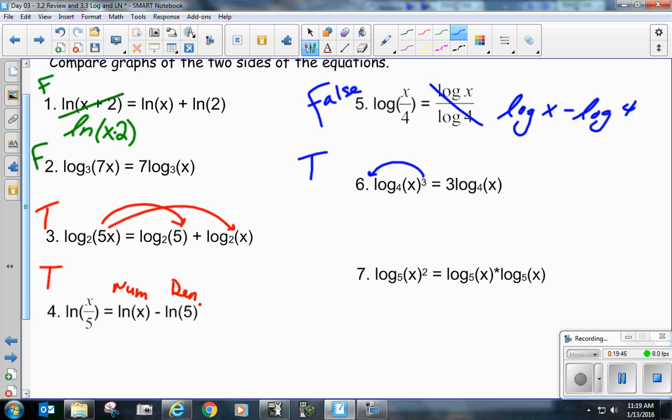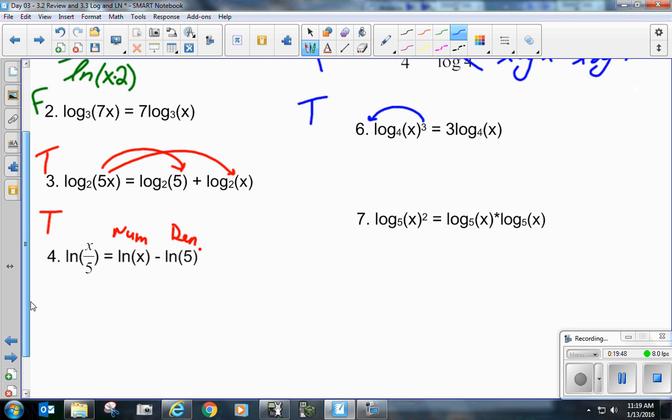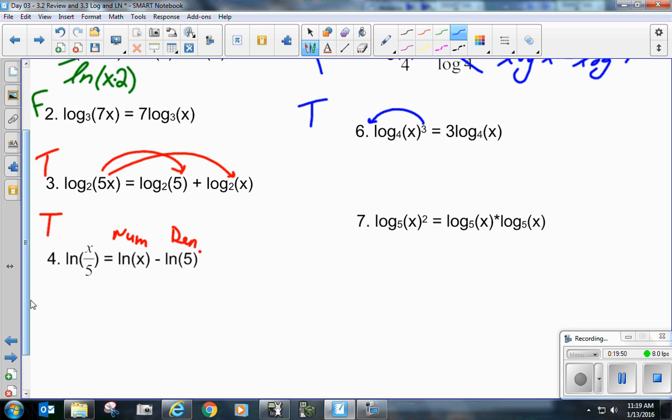You're saying false. Think about it. If this is an exponent, what should this whole expression be if I rewrite it? 2 log base 5 of x. So really, you're just doubling.